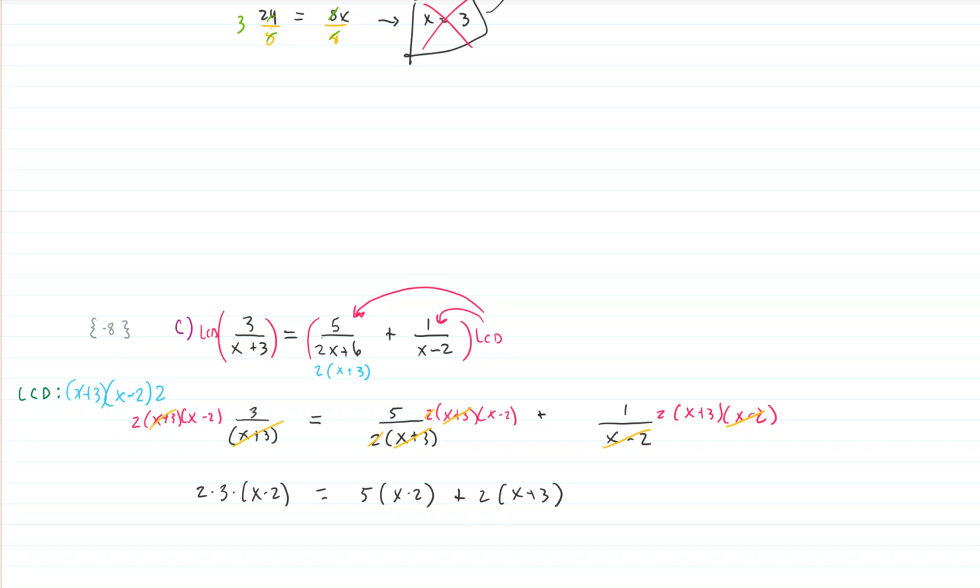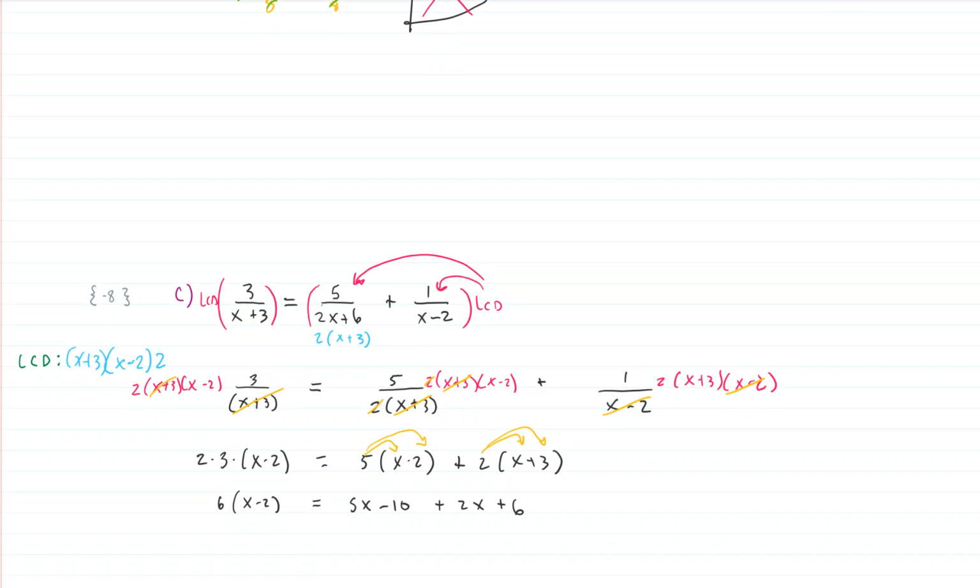We have 2 times 3 is 6 times x minus 2. We can multiply the 5 through the first term and multiply the 2 through the second term. 5x minus 10 in the first term, and the second term gives us 2x plus 6.